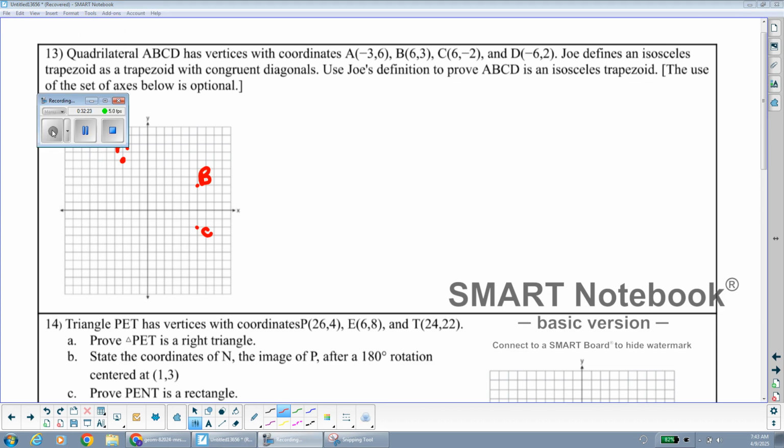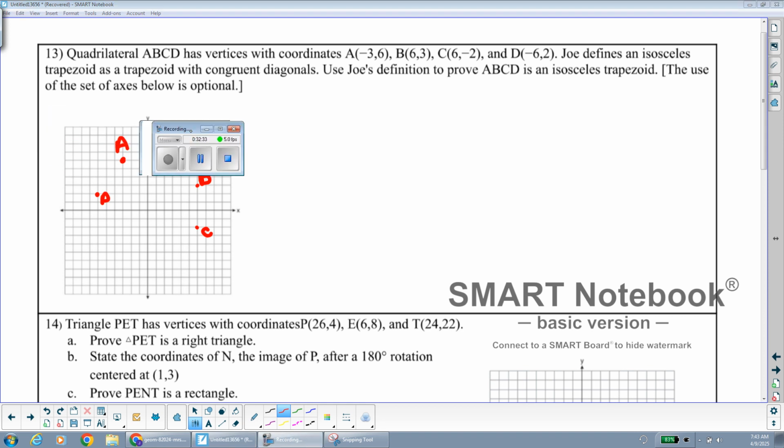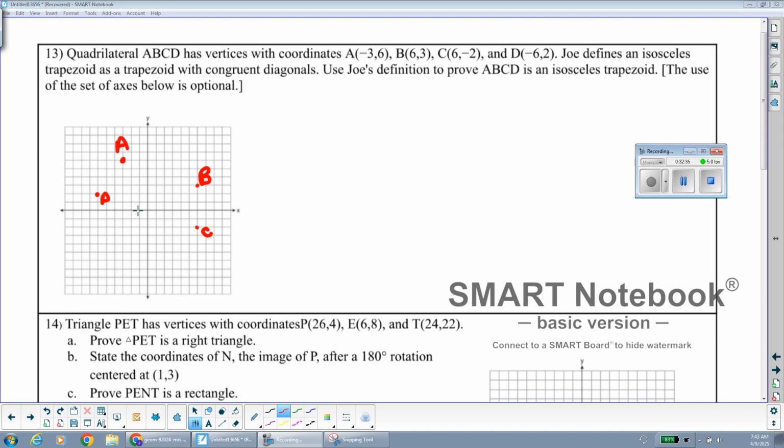Oh, it's not the same point. It's negative 6. 1, 2, 3, 4, 5, 6. Let me make sure I got this right. 6, 3. 6, negative 2. And negative 6, 2. Okay. In my mind, I was not picturing how that trapezoid was going to look.